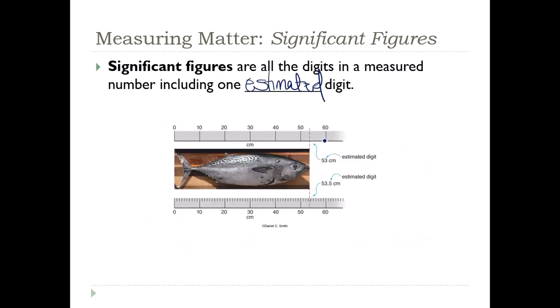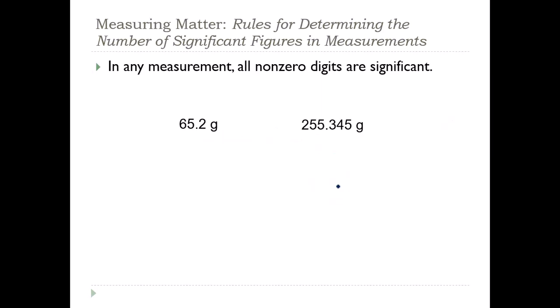And if we did a similar process, this one would have 2 sig figs using this ruler, and then this one would have 3 sig figs. Sig figs for short, because nobody wants to say significant figures all the time. So if you see that, that's what it stands for.